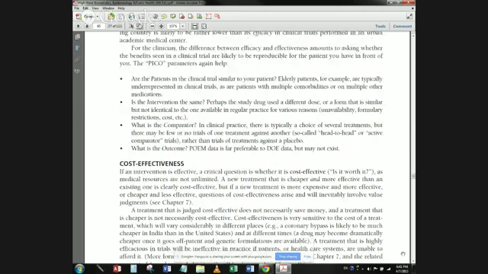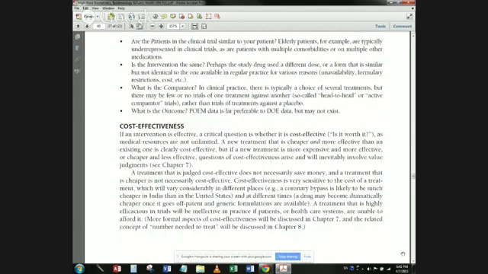Cost effectiveness. If an intervention is effective, a critical question is whether it is cost effective. Is it worth it? As medical resources are not unlimited, a new treatment that is cheaper and more effective than an existing one is clearly cost effective.